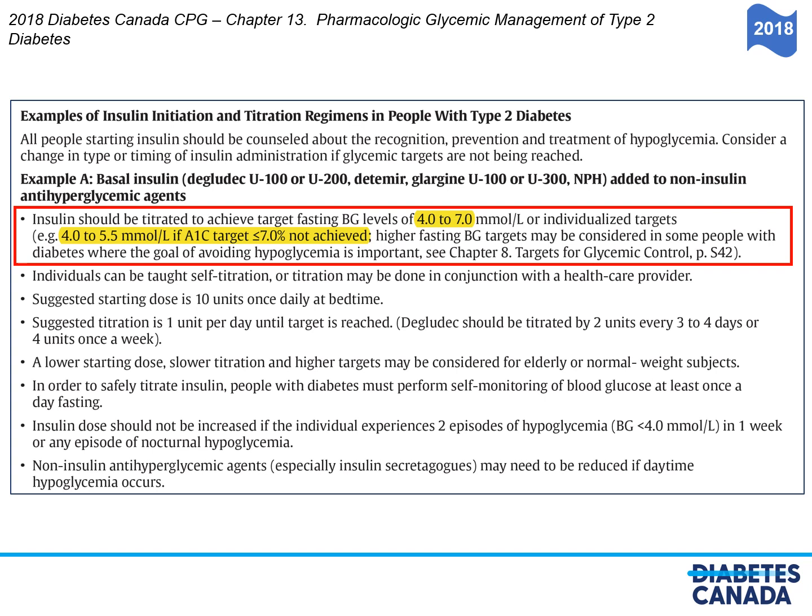The recommendation states that if an A1C target of less than or equal to 7% cannot be achieved with a fasting plasma glucose target of 4 to 7 millimoles per liter and a postprandial plasma glucose target of 5 to 10 millimoles per liter, further fasting plasma glucose lowering to 4 to 5.5 millimoles per liter and/or postprandial plasma glucose lowering to 5 to 8 millimoles per liter may be considered, but must be balanced against the risk of hypoglycemia.